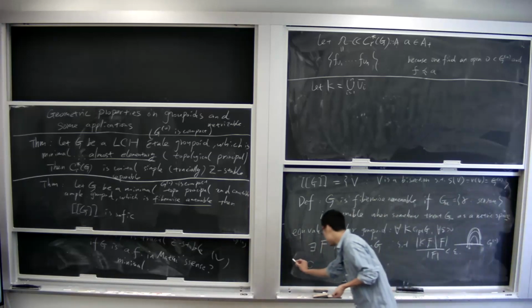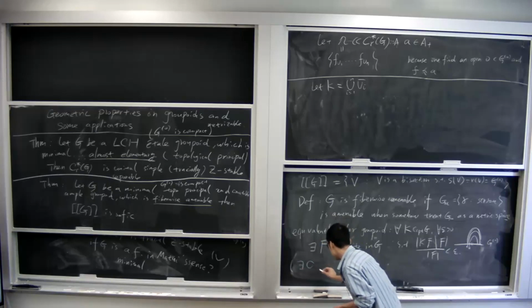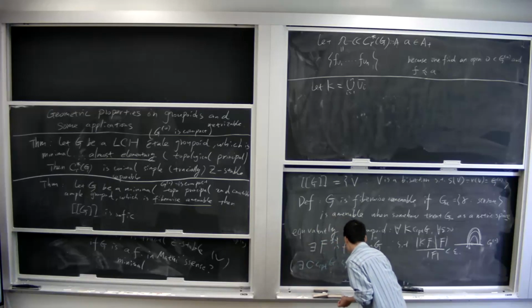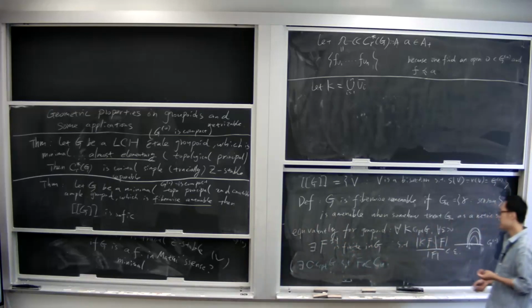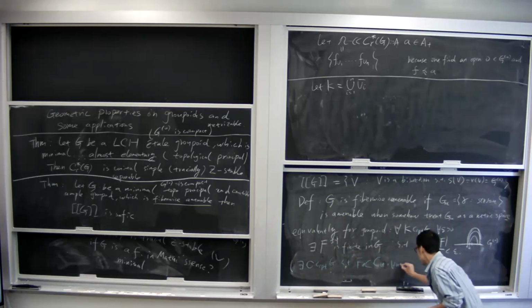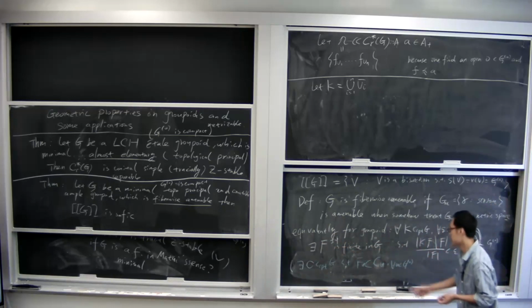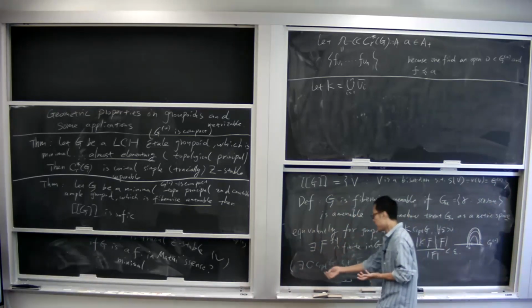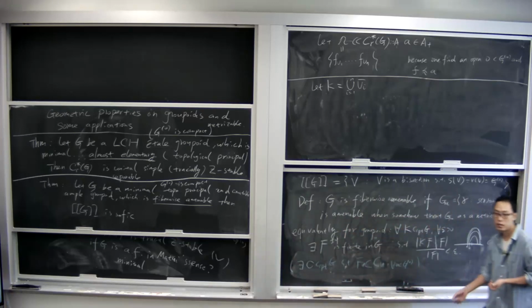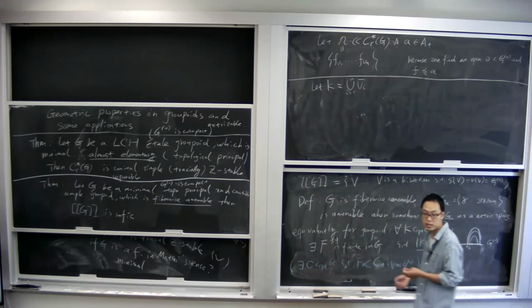So the stronger version is that there exists a C, also compact in G, such that your F is contained in C, and F_u is contained in C_u for any u in G^0. If you require that F is not empty, you obtain a stronger version of the minimality, which is called the ubiquitous fiberwise minimality.